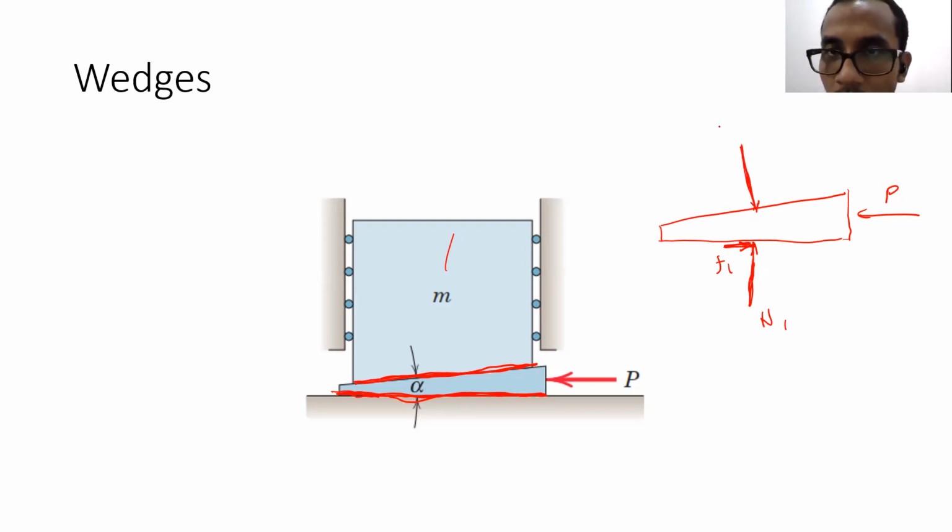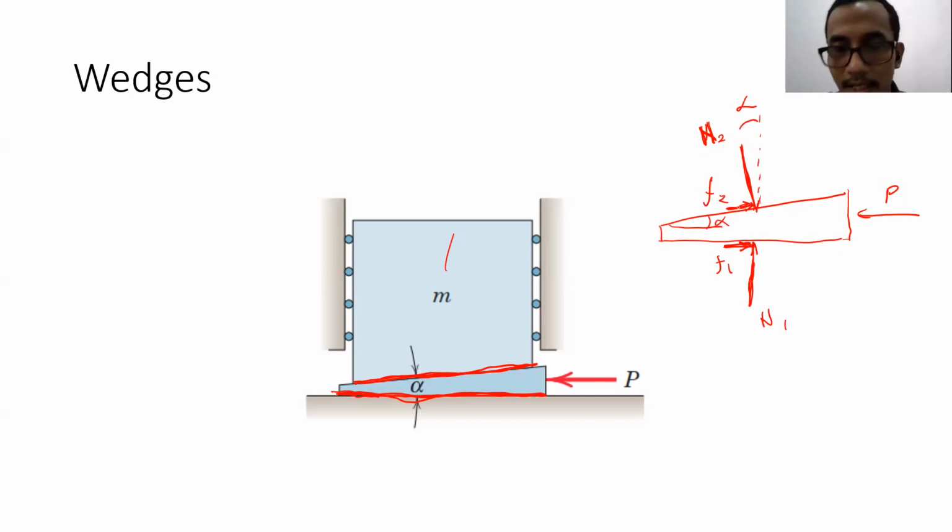This one is normal force 2, and the friction goes to the right too. Friction 2. So basically, this is the free body diagram, right? You have to remember that there is an alpha here.